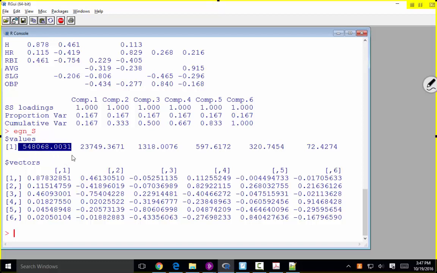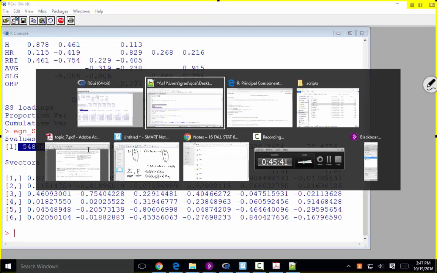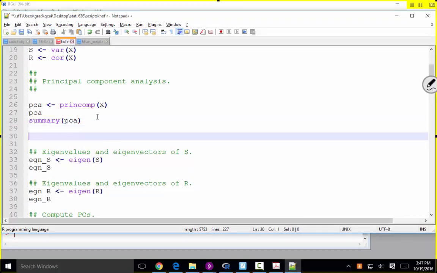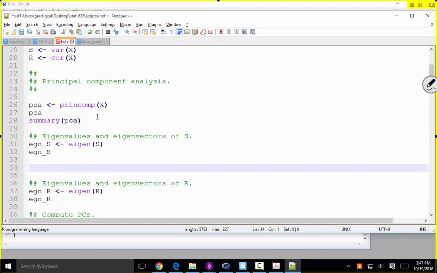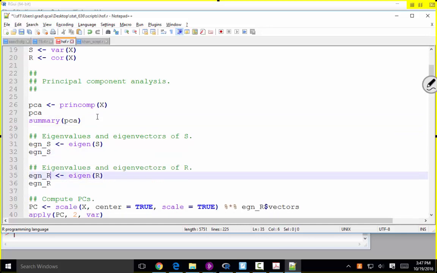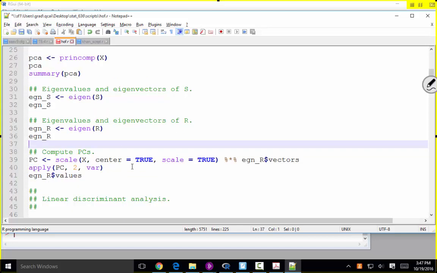Let me go ahead and compute the first principal component, show you what it looks like. The principal components. Let's come here. PCs.